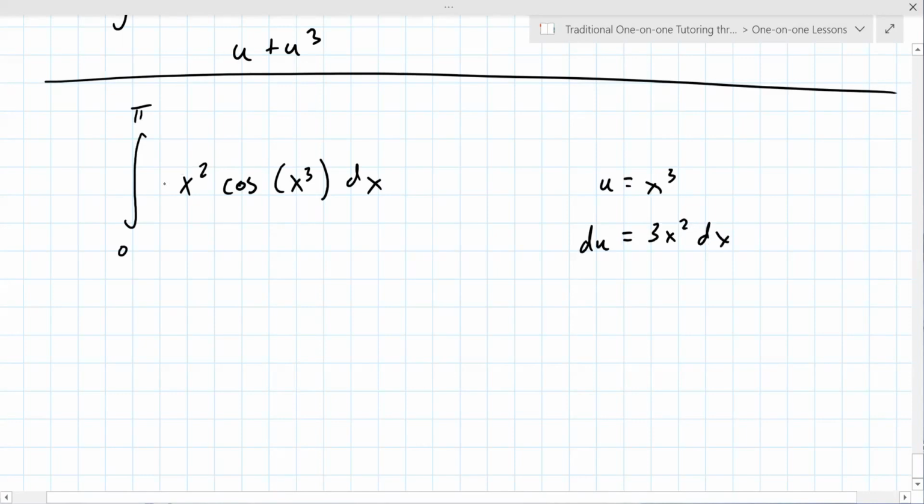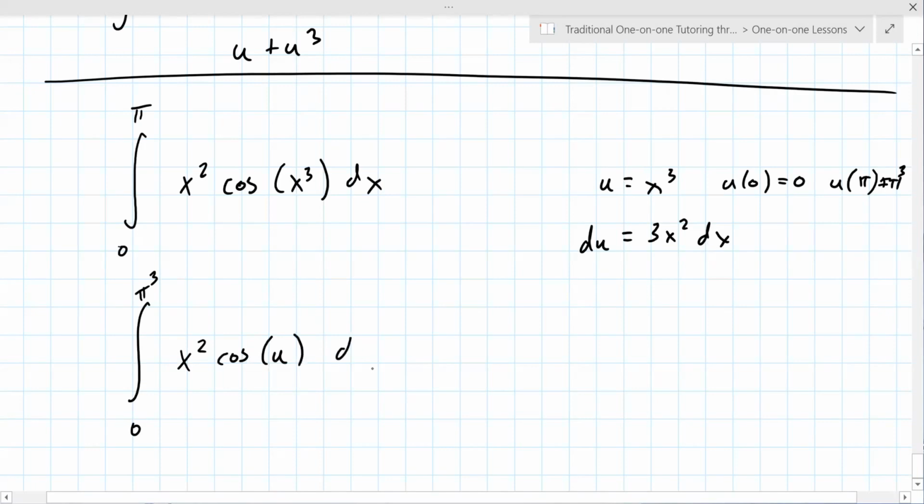If you're going to go to the trouble of u sub with a definite integral, often it's better to evaluate the function at both endpoints to get new bounds. So you put 0 into your u, pi into your u, so it goes from 0 to pi cubed. x squared cosine u, because u is your x cubed, your dx is du over 3x squared.